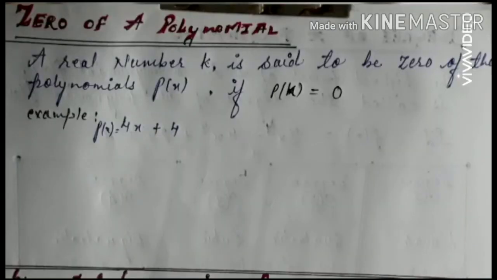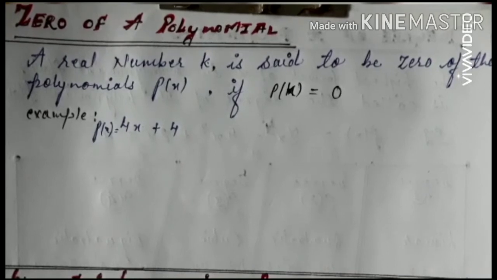We have studied the value of a polynomial. Now our next topic is the zero of a polynomial. You studied it earlier in the 9th class, but this is the main thing here. What is a zero of a polynomial?